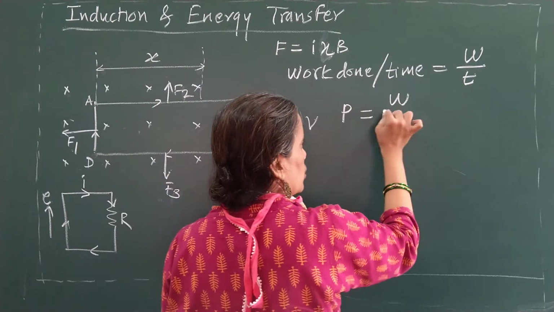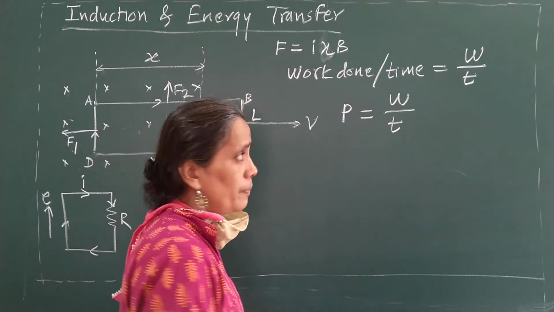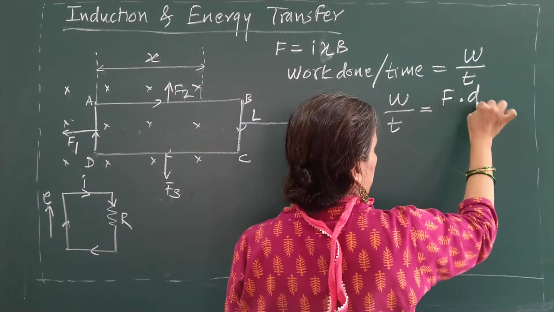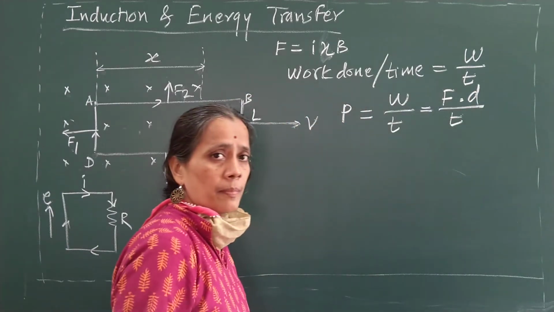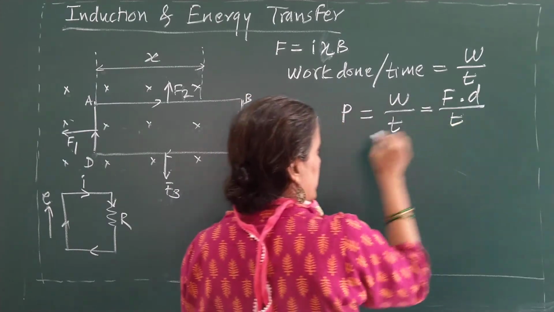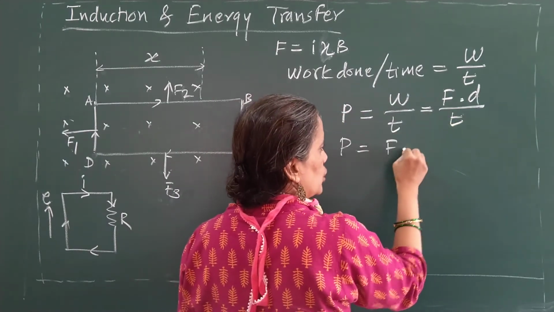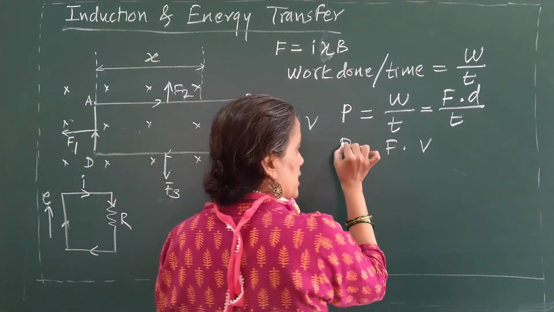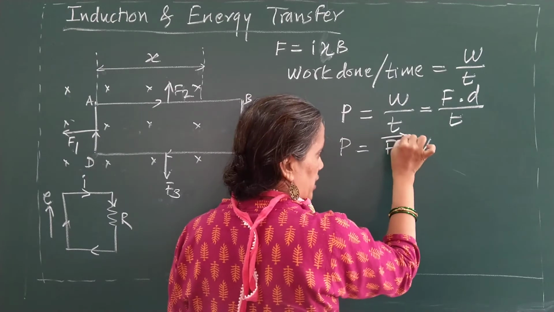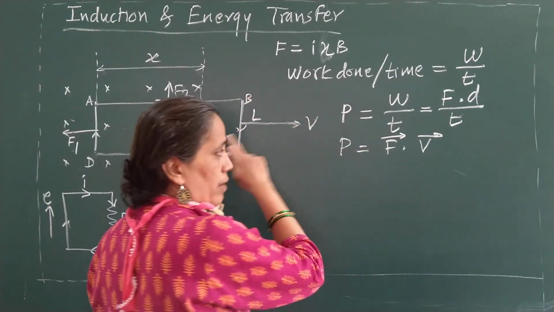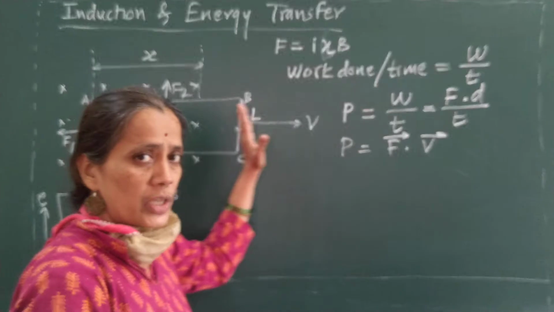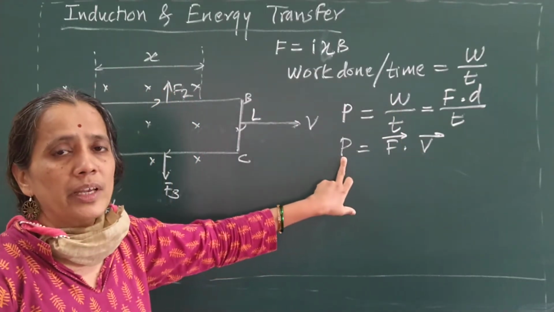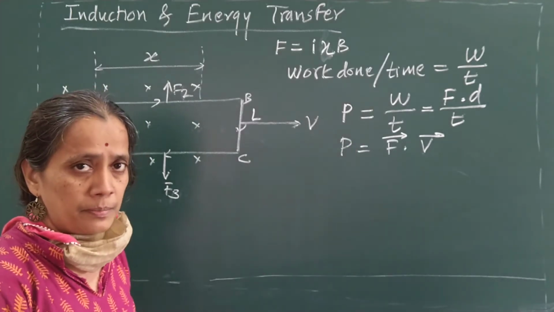This power can be written as force into displacement upon T, and this displacement upon T is nothing but the velocity with which we are pulling out the coil. So this much is the mechanical power which will be generated while pulling the coil out with velocity v.